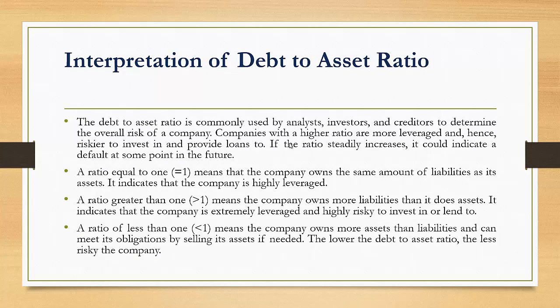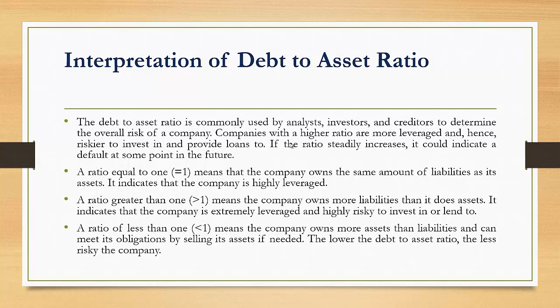When it comes to interpretation of the debt to asset ratio, if it is equal to 1, it means that the company owns the same amount of liabilities as its assets. It indicates that the company is highly leveraged. If it is greater than 1, it means that the company owns more liabilities than it does assets.